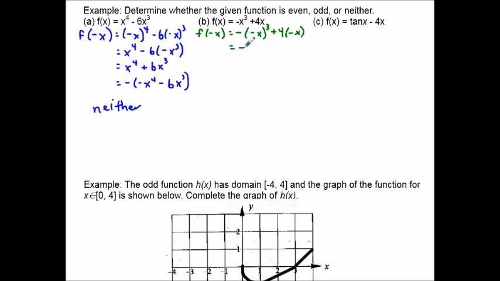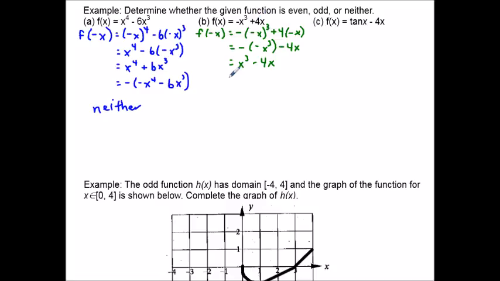So I am going to leave this negative here, and (-x) cubed is going to give me -x cubed. 4 times -x is going to give me minus 4x. When I simplify here, I'm going to get positive x cubed minus 4x. Now, this is not the exact same as my original, so it is not an even function.